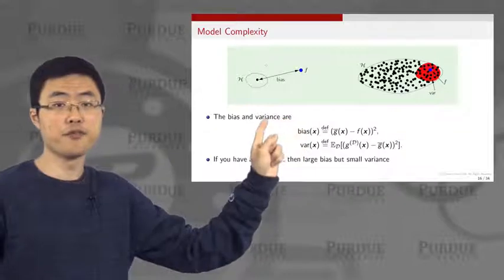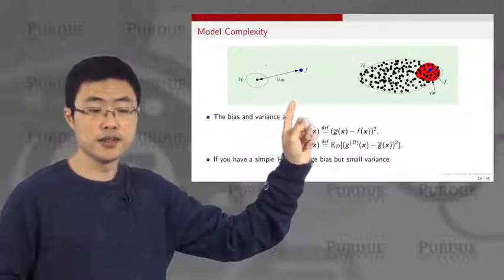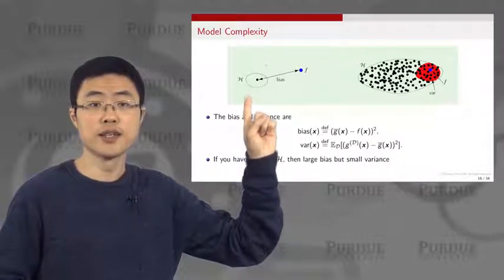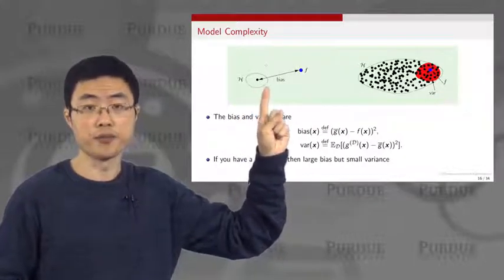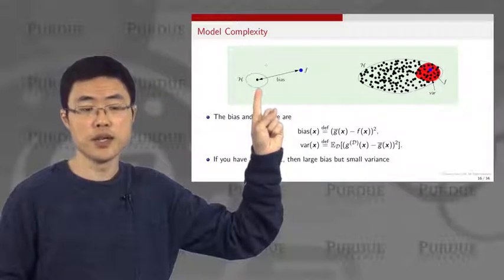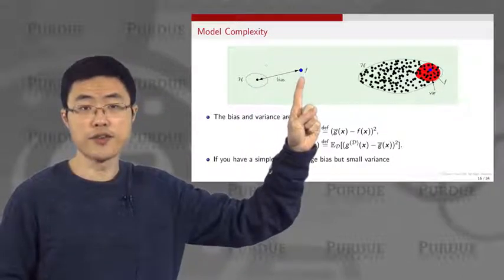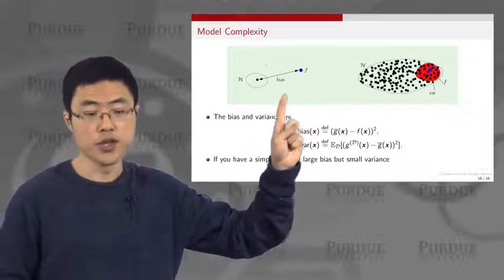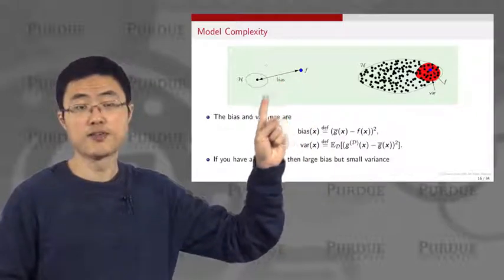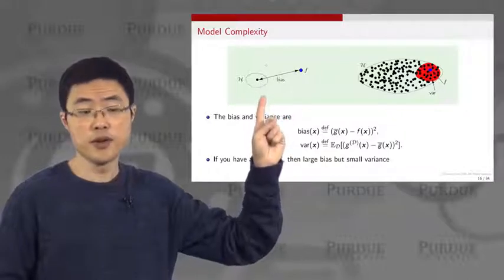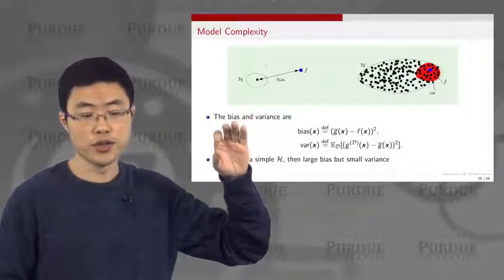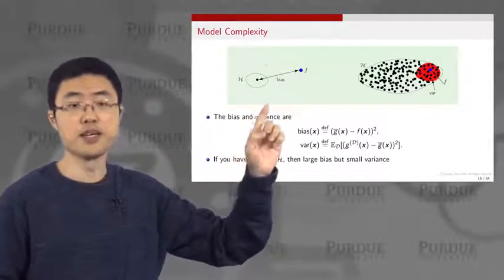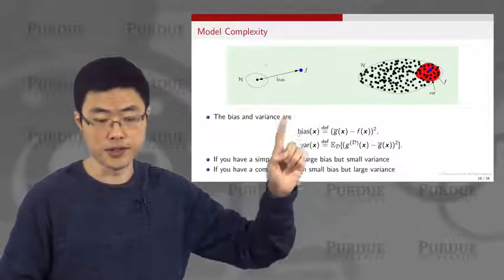If you have very small variance, that is good news. However, in this example, I'm also showing you that the bias is somewhat big, right? Because the distance between your center point and the target function is the bias term here. This bias term is big. So if you have a simple h, it is very possible that your variance is small, but because your model set is very simple, you may create a very large bias.